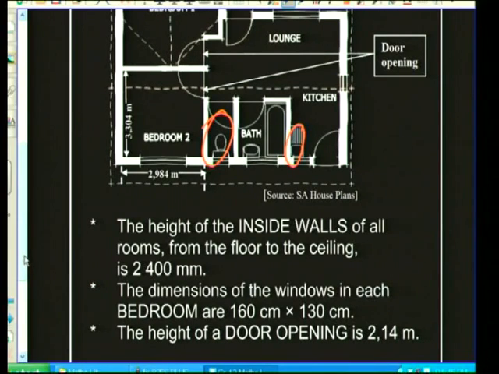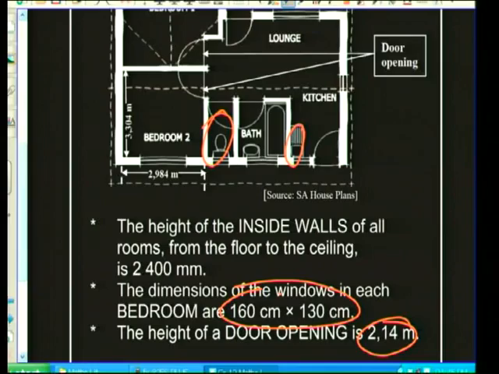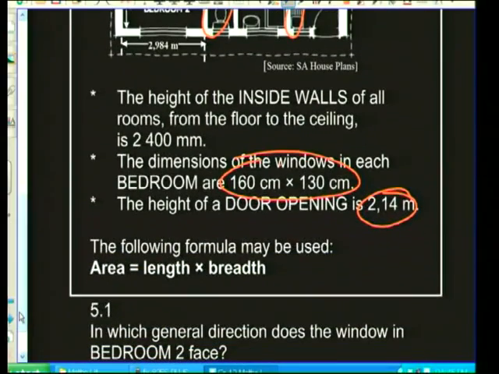The dimensions of the windows in each bedroom are 160 centimeters by 130 centimeters. In other words, they're 160 centimeters this way and 130 centimeters up. The height of the door opening is 2,14 meters.